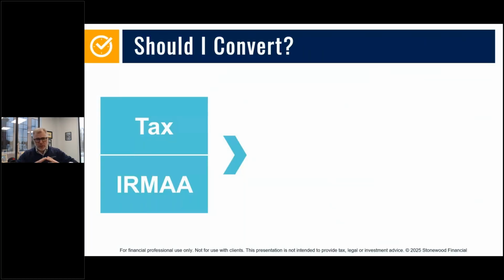And so what do we have? We're trying to answer that ultimate question: should my client convert these assets? So we've got tax and we've got IRMAA, and we're going to calculate both of those. But we're going to do it in 3 different scenarios, because if you just keep money in the IRA, it might have different purposes.